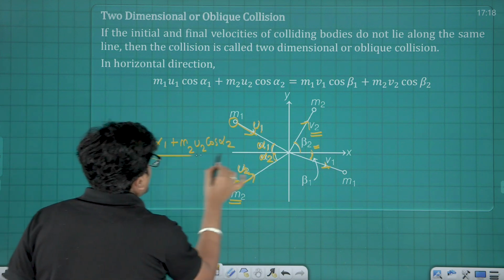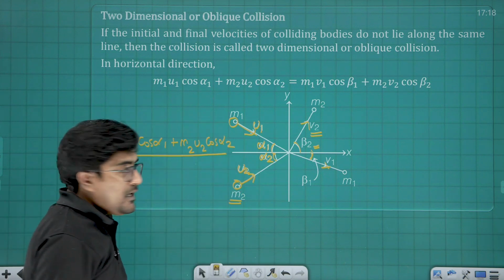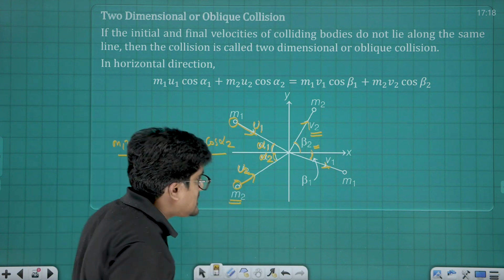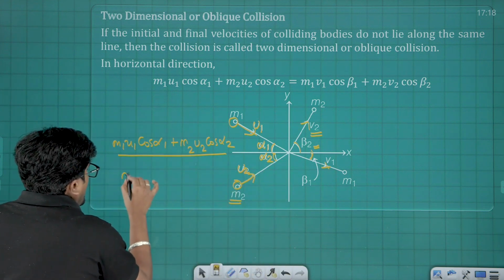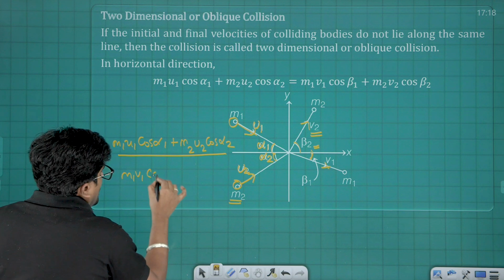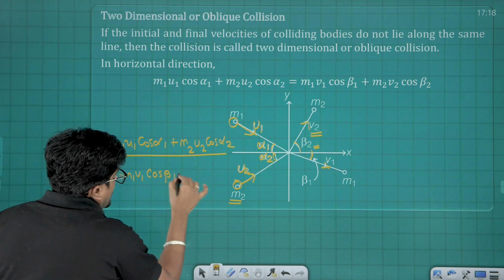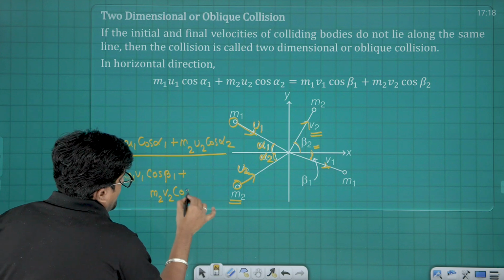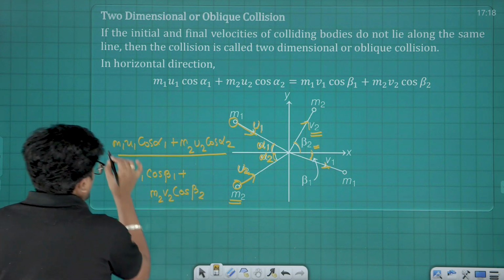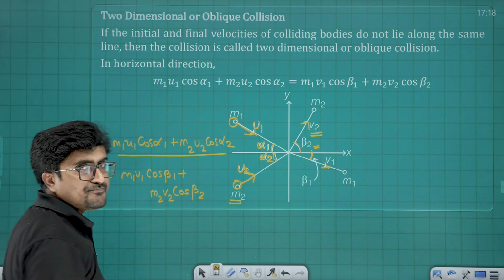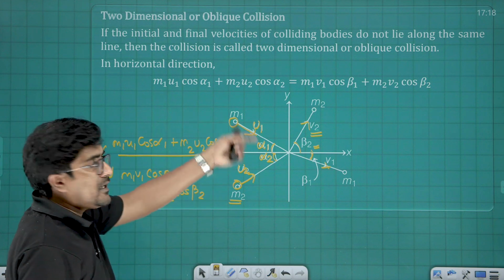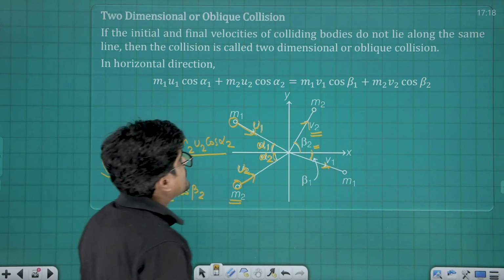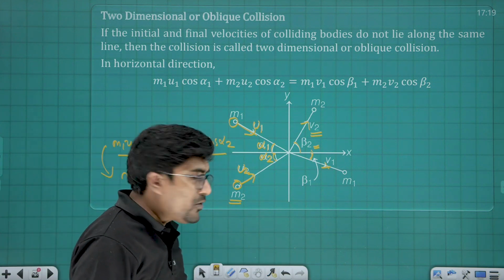That is the initial linear momentum along the x-axis. The final linear momentum along the x-axis is m1 v1 cos beta 1 plus m2 v2 cos beta 2. This must be the same. Similarly, you can take it for the y-axis as well. I hope you got it.